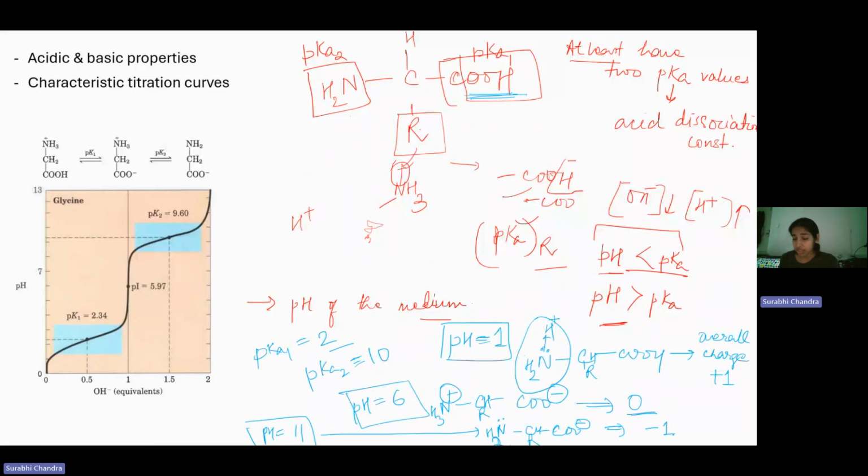The net charge here is -1. Now suppose we are talking about glycine only. If the R group has an additional charged moiety, whether negatively or positively charged, that will have an additional role to play, which will ultimately affect the overall charge on the amino acid.